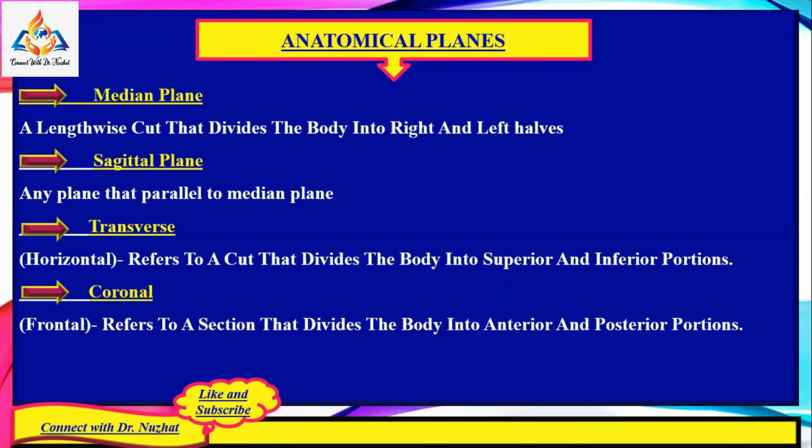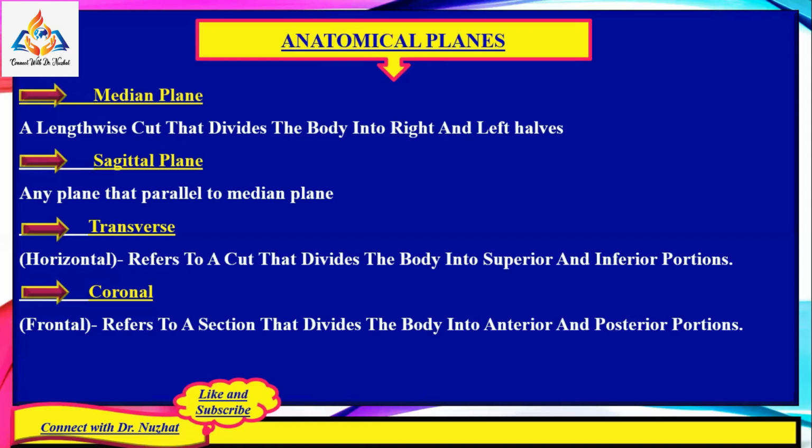Body planes are used to describe anatomical motion in the XYZ coordinate system that the body moves through. Or it is a hypothetical plane used to transect the body in order to describe the location of the structure or the direction of movement.